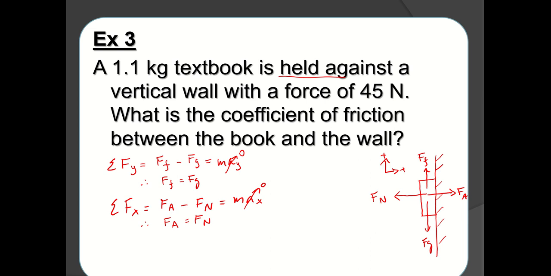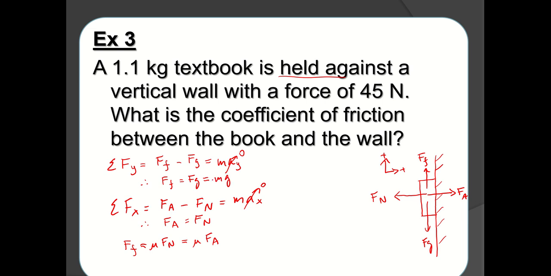Let's do it this way. Ff equals mu Fn, and since we know Fa equals Fn, we're going to replace it with mu Fa. And because we know that Ff equals Fg, we can also replace this with Fg equals m times g.